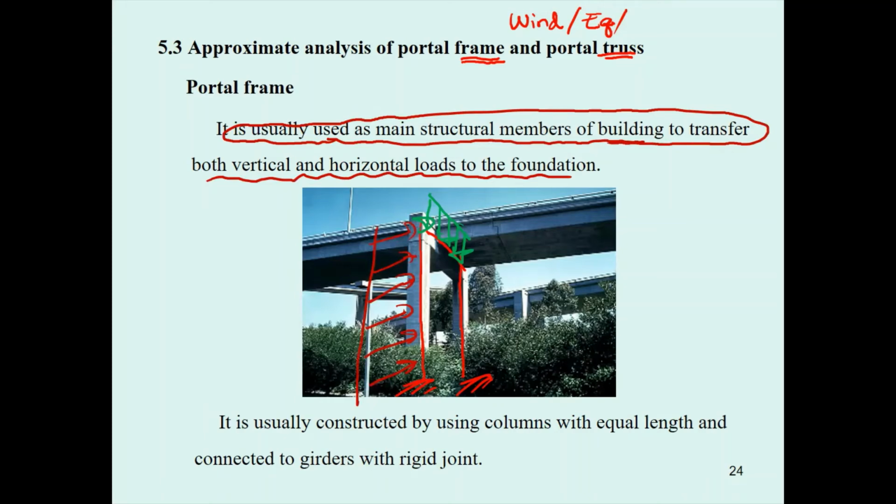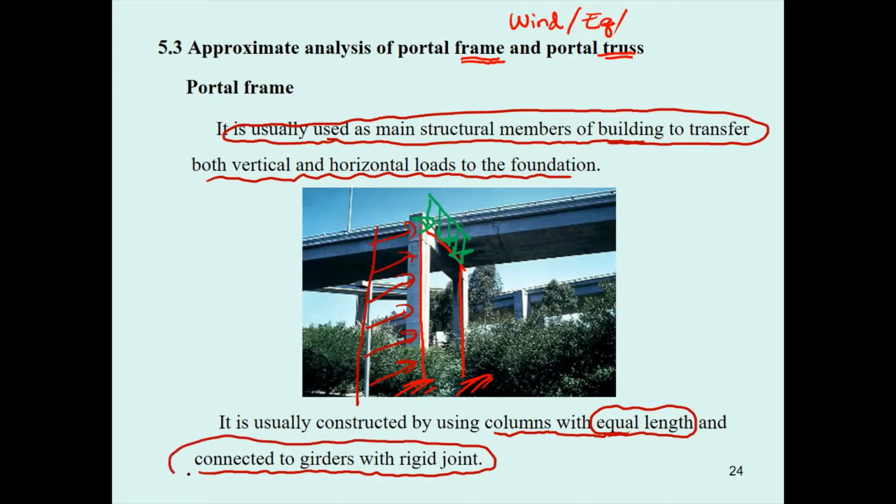Most of the time this kind of frame has columns with equal length and connects the column with the girder with a rigid joint.